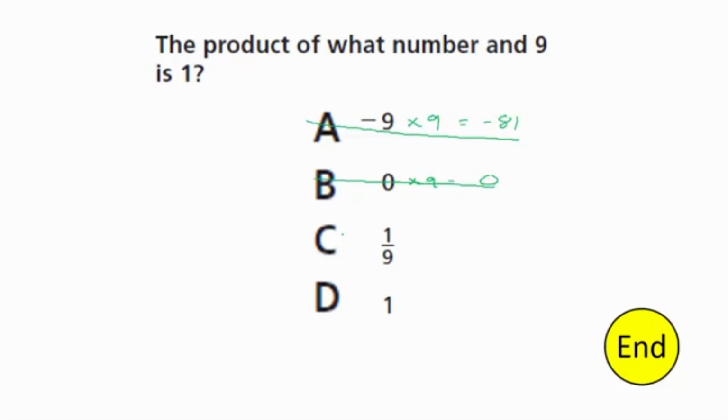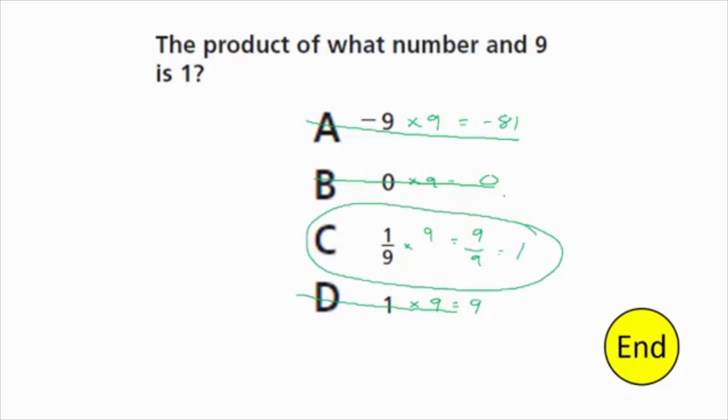That's not my choice. 1 times 9 equals 9. That's not my choice. When I multiply 1/9 times 9, I get 9 over 9, which simplifies to 1. My choice is C.